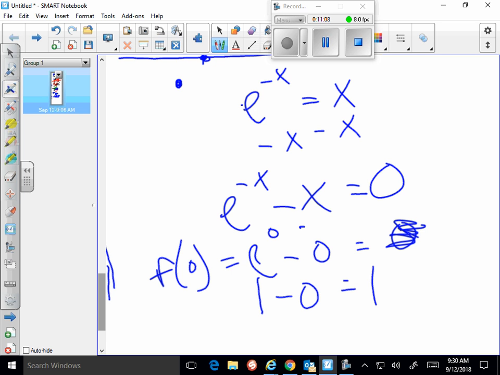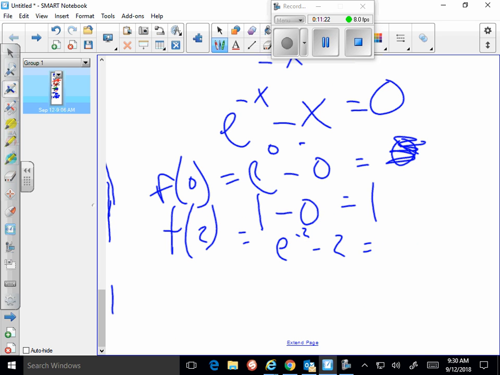Well, let's put in something further over, like f of 2. So that's going to be e to the negative 2 minus 2. Well, I know e to the negative 2 is 1 over e squared, minus 2 is definitely less than 0.